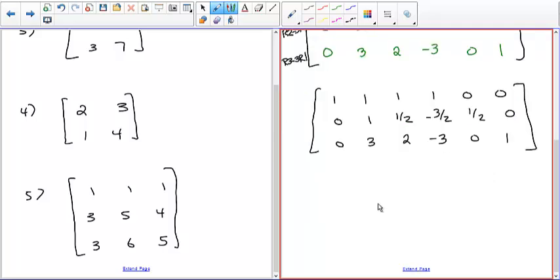Okay. Now, I want to get this to be 0. So what I'll do is I will take row 3 and subtract 3 times row 2. So let's go ahead and fill in rows 1 and 2, which are not going to change for this step.